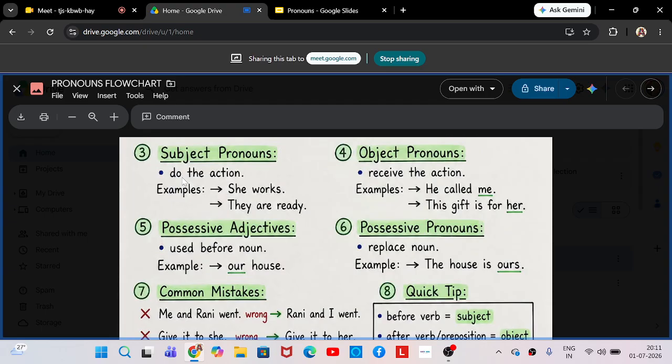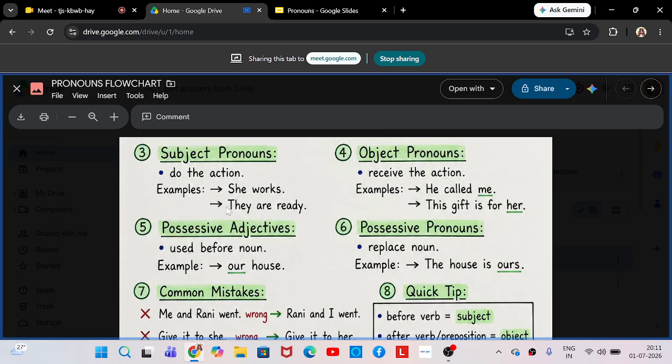Or if I say this is your house, your will be the possessive adjective. But if I say the house is yours, the car is ours, the bungalow is theirs, then ours, yours, theirs, all these replace the noun. And that will be the possessive pronoun of the sentence.